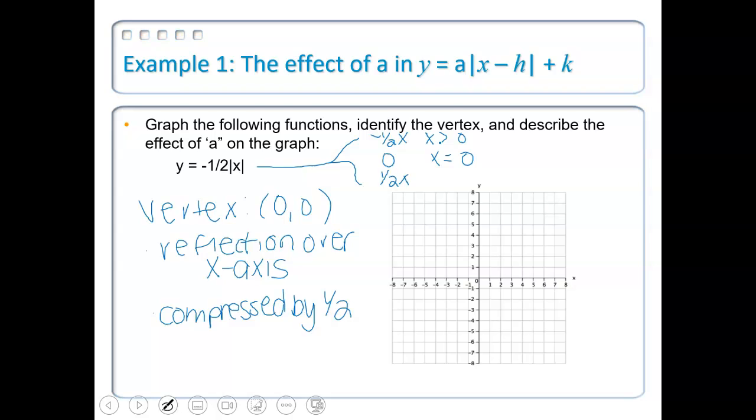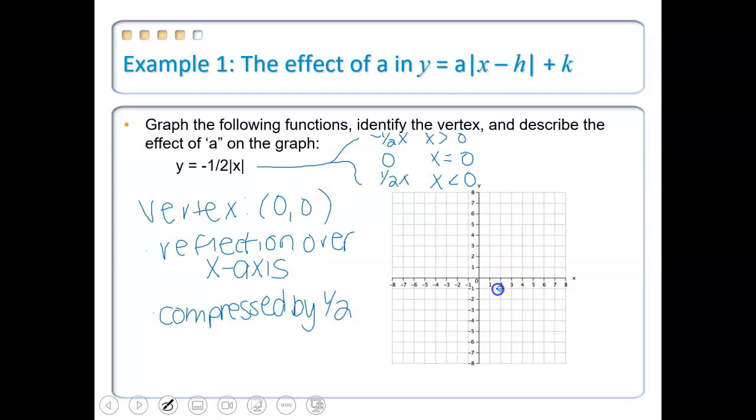So that reflection now changed my slopes, or if you think about dividing by a negative, it flips your inequalities. So as a piecewise, that negative is flipping the inequalities so that my slope is positive to the left of 0 and negative now to the right of 0 because of the reflection over that x-axis.